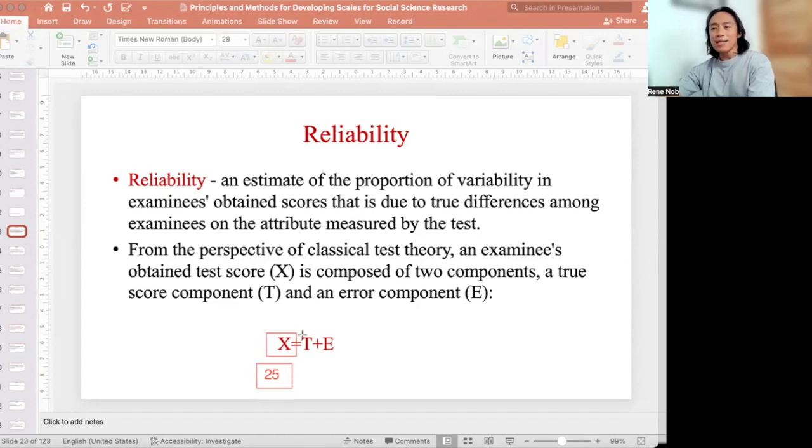Now, according to classical test theory, any score, such as 25, actually has two components. Those components are referred to here in the equation as T and E. T refers to the true score component. If you remember in part 1, when we were talking about hypothetical constructs, we suggested that the things we are measuring are things that are within the individual. Let's say, for example, intelligence or self-efficacy: each individual has a true level of intelligence, a true level of self-efficacy for a specific domain.